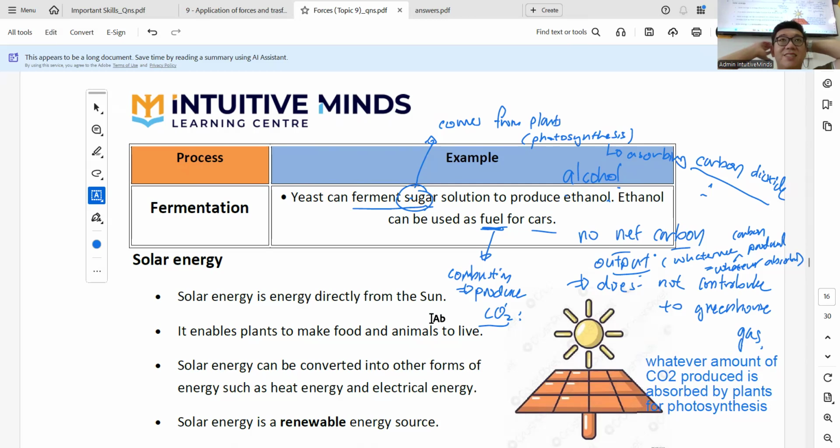So it's carbon neutral, lah. So they say that this technology is very good lah for transportation.